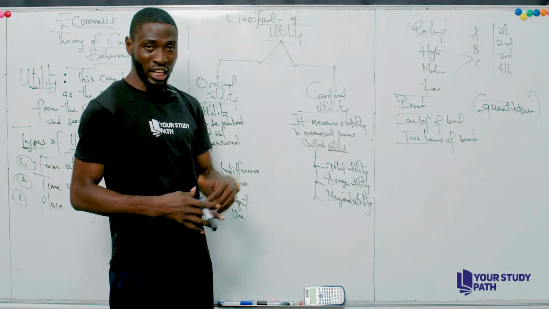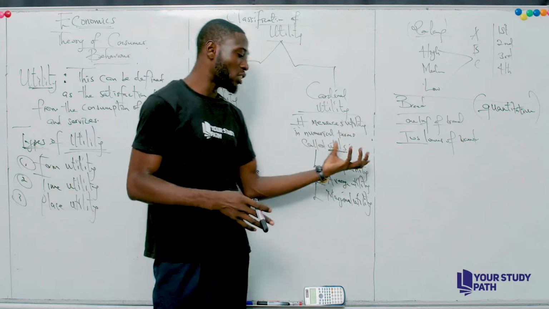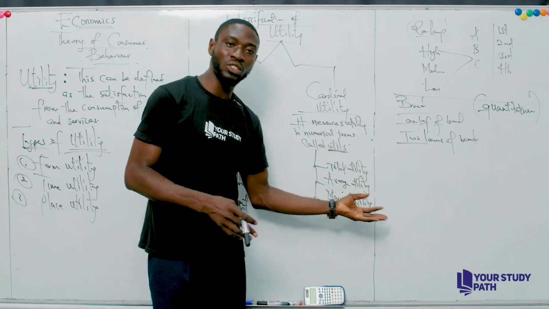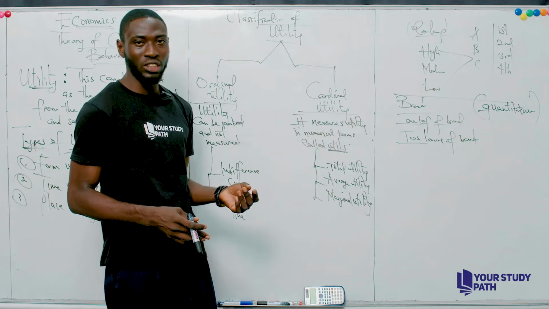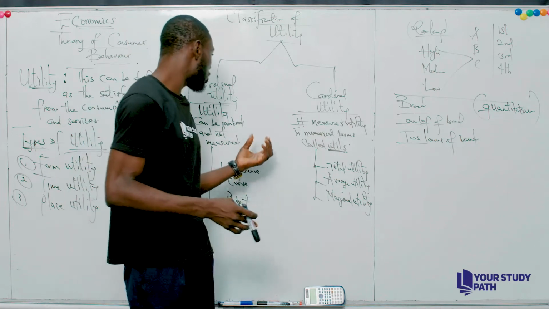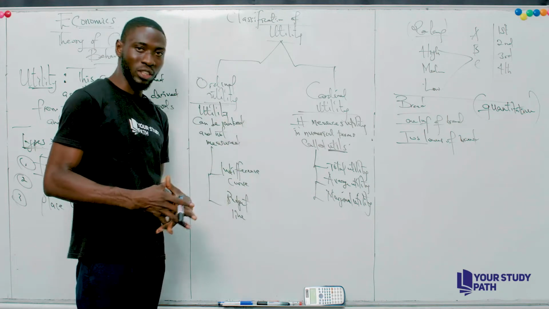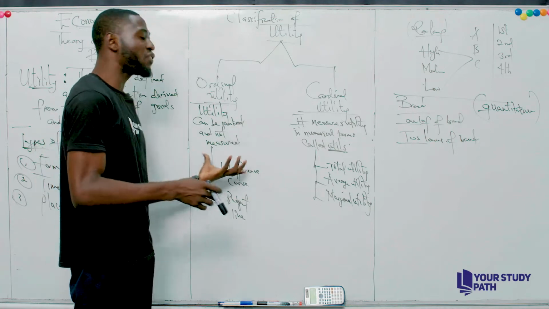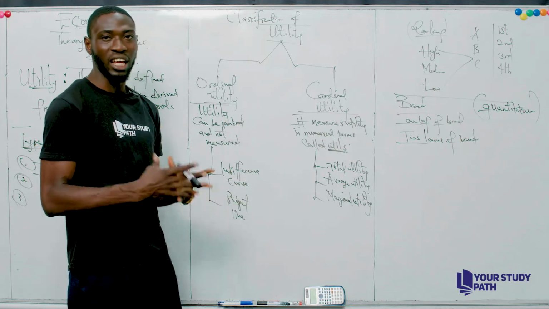You should know that the tools used are the total utility, the average utility, and the marginal utility. Then what are the tools used by the ordinal utility? There are just two, the indifference curve and then the budget line.